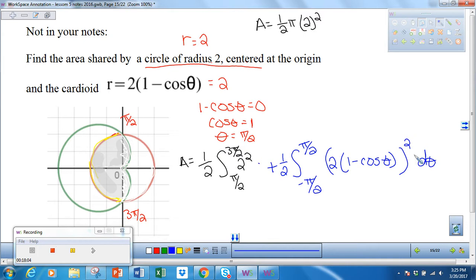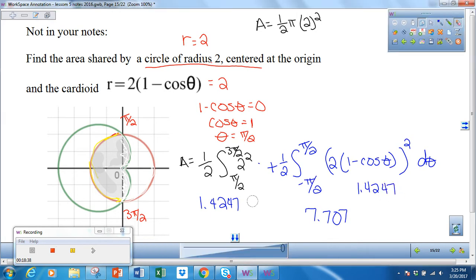And what I find is that that answer is 7.707. Because this one is 1.4247. Actually, I had that backwards. That's this one, 1.4247.